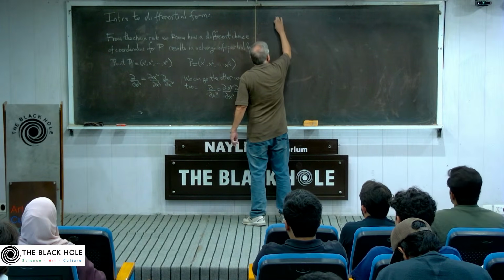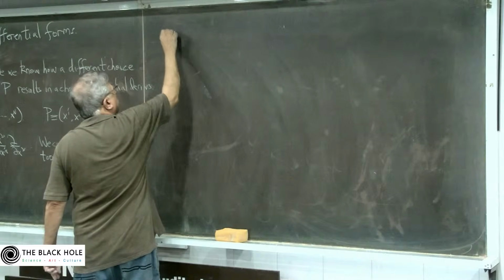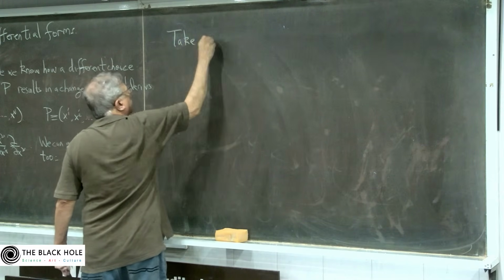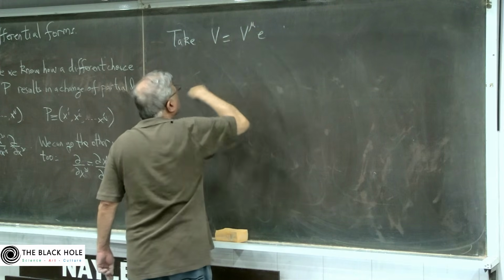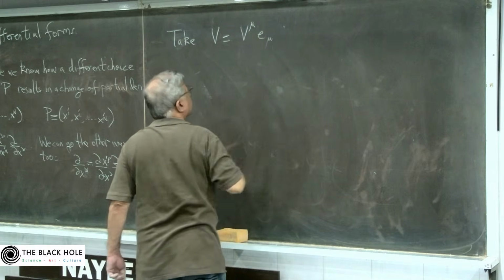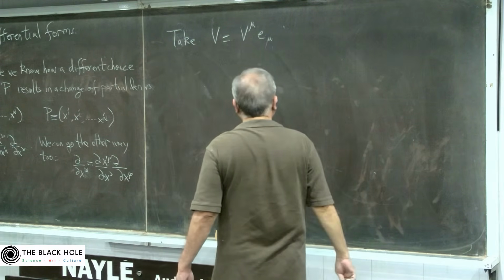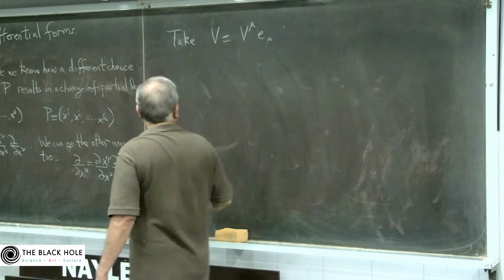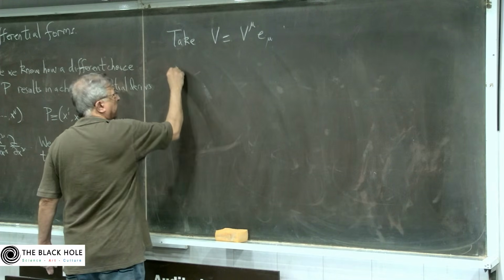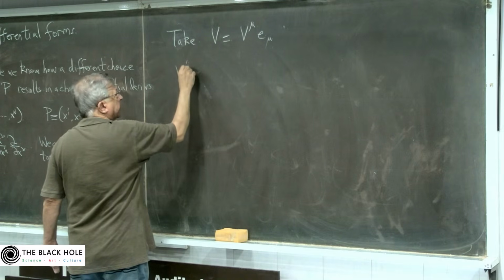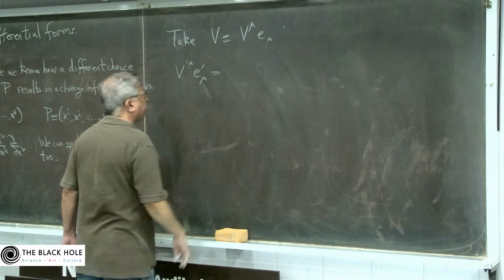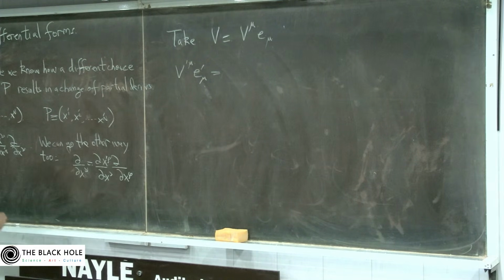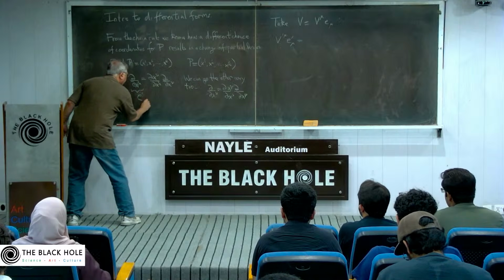Take any vector v. Well, that vector v is expandable by this. Then let's ask what this is. Well, this of course is, what have we called this? E prime mu.